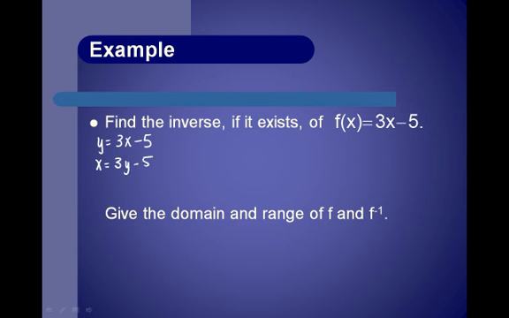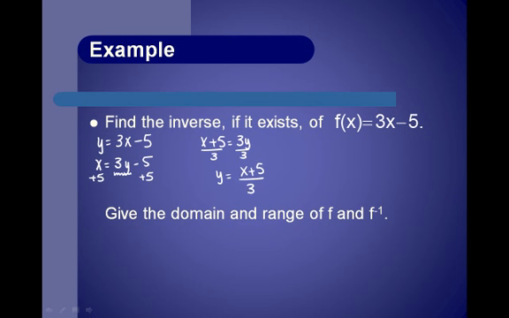Now we want to solve for y equals, which means we're going to get y on the side by itself, so the first thing we're going to do is add 5 to both sides. So we get x plus 5 equals 3y. Then we're going to divide both sides by 3, so we get y equals (x plus 5) over 3.